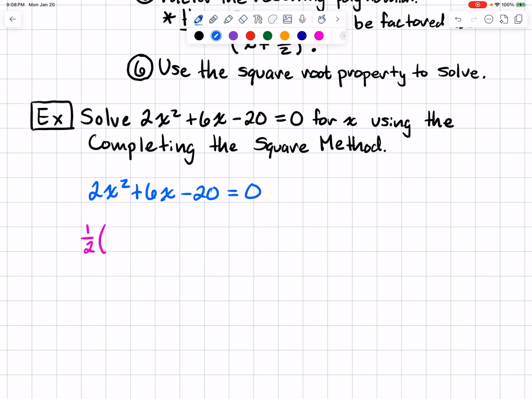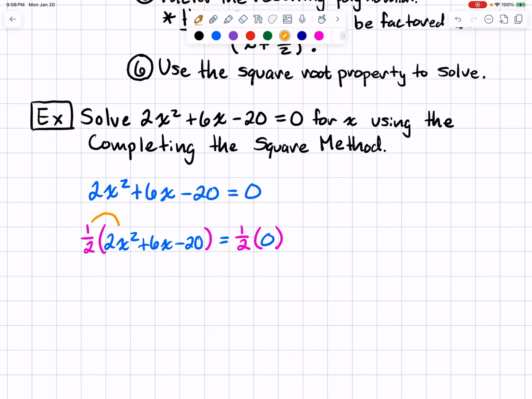So I get 1 over 2 times 2x squared plus 6x minus 20. And whatever I do to one side, I have to do to the other. So times 1/2 times 0. All right. So we want to make sure that we're bringing our 1/2 through.